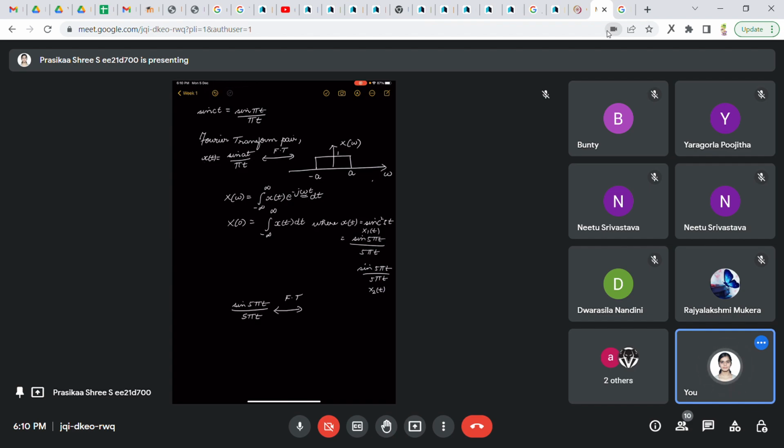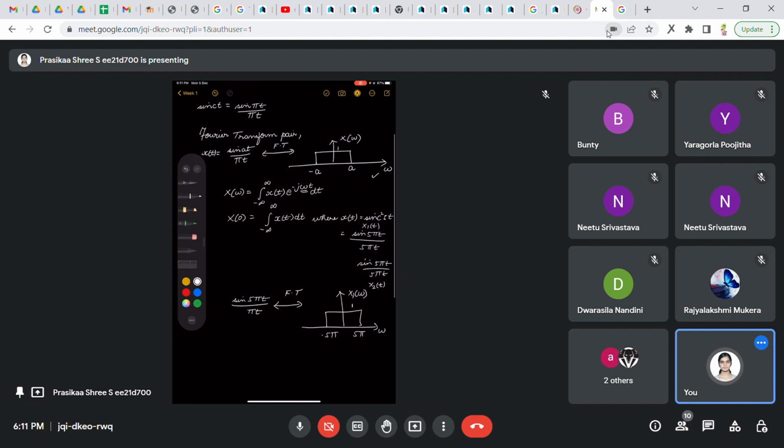Let me go step by step now. Sine 5 pi t, substitute a to be 5 pi. What you will be getting? A rectangular pulse which is ranging from minus 5 pi to 5 pi with amplitude 1. This is the Fourier transform x1 of omega.